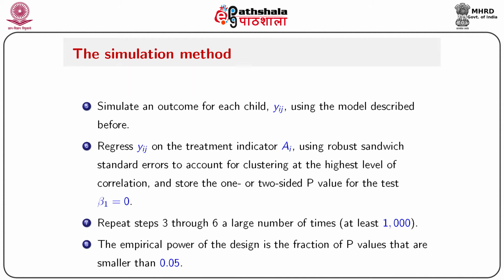Then the empirical power of the design is the fraction of p-values that are smaller than 0.05. So actually you can develop a function that will return the fraction of p-values less than 0.05 out of 1000, and that would be your power.